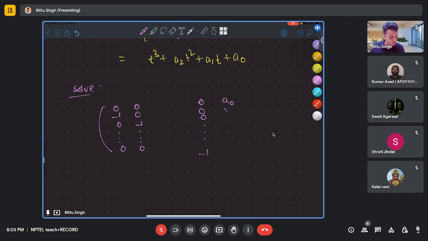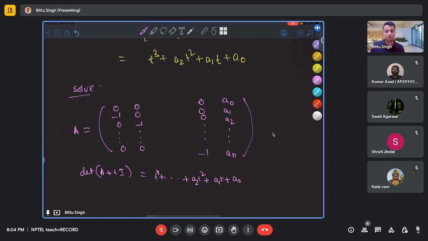Now here is a0 a1 a2 up to an. If you consider this matrix, then determinant of a plus ti is same as a0 plus a1t plus a2t square, and it will continue up to t to the power n. Okay, you can check this. The same idea will work.